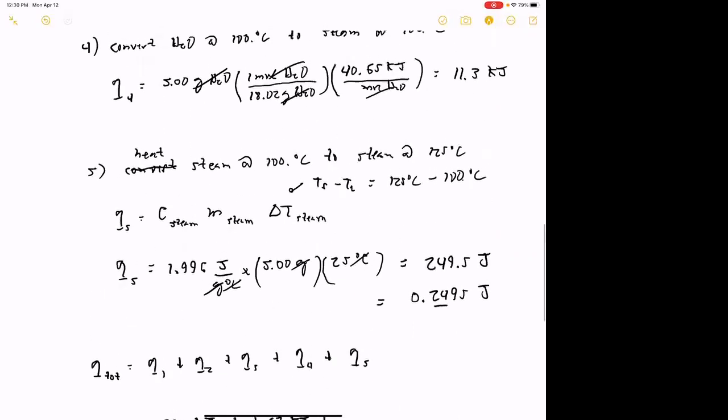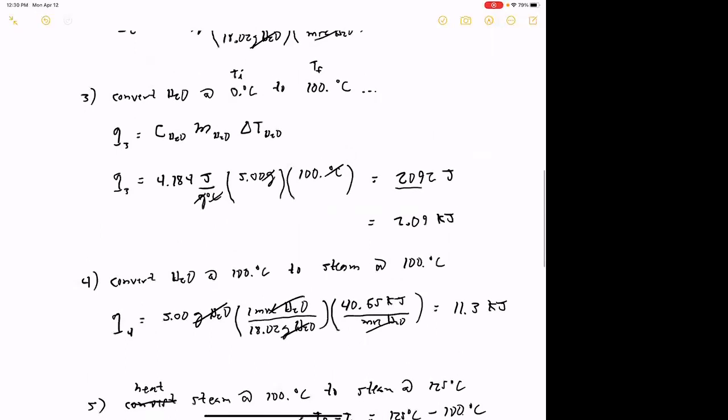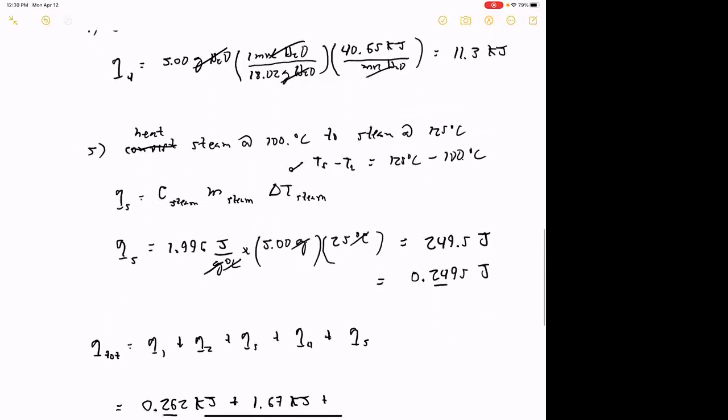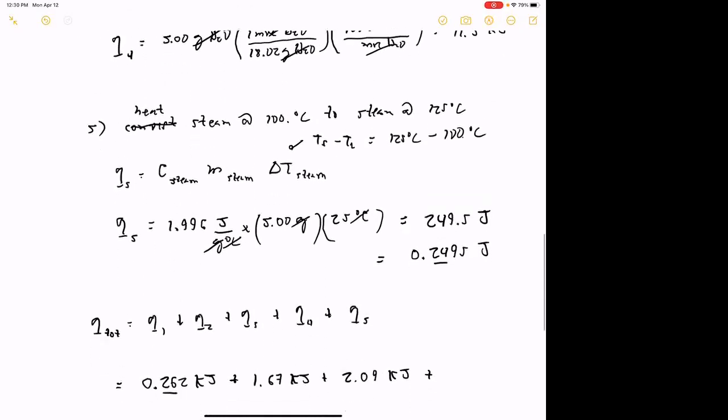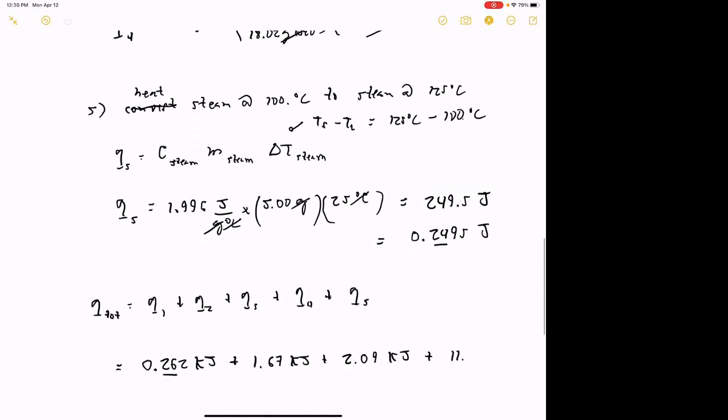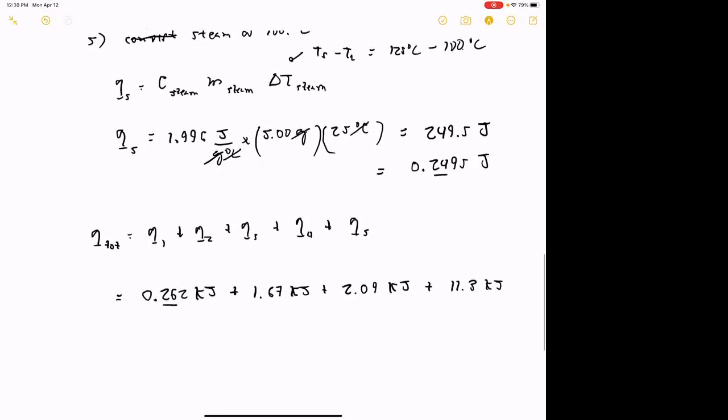Plus my Q3, that turned out to be 2.09 kilojoules. And I need my Q4, that was what, 11.3 kilojoules. And I've got to add to that my Q5.